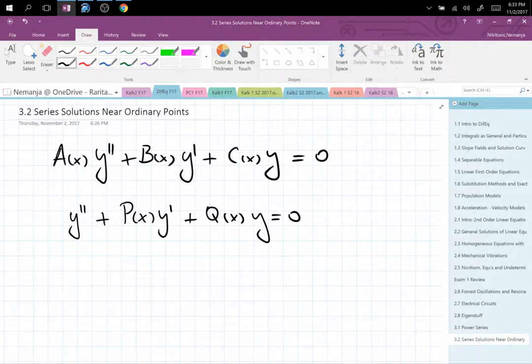Just make sure. Okay, good. So now we need to make sure that functions p of x and q of x are differentiable everywhere.